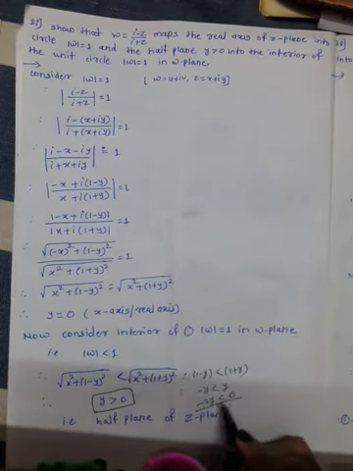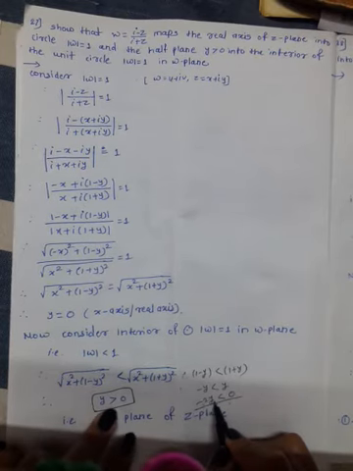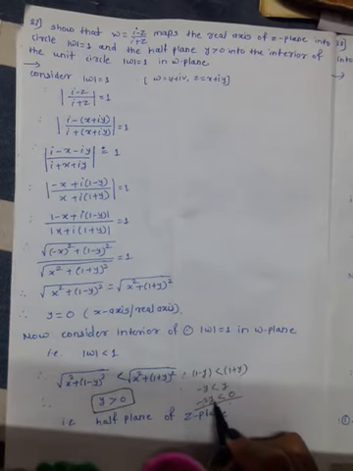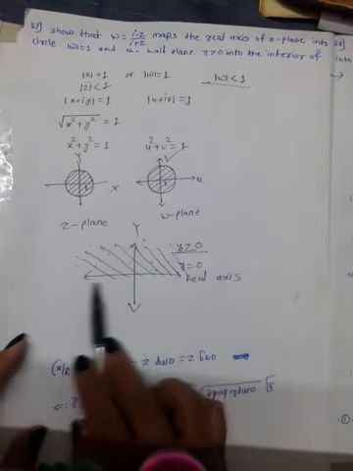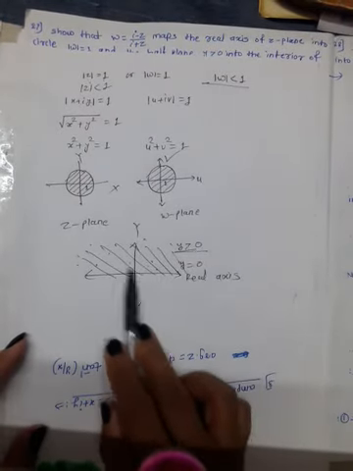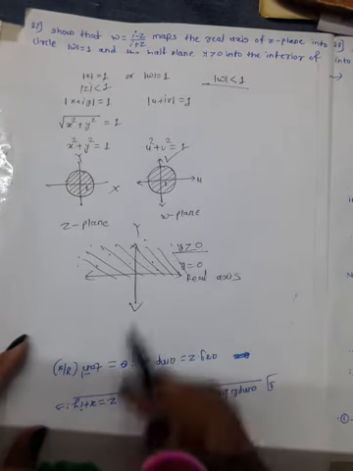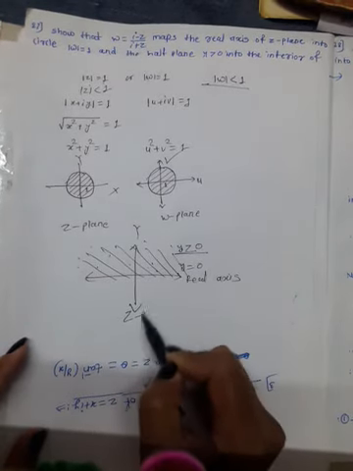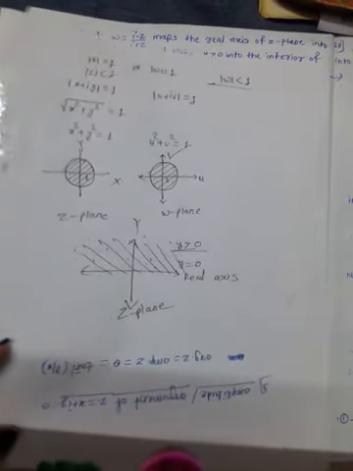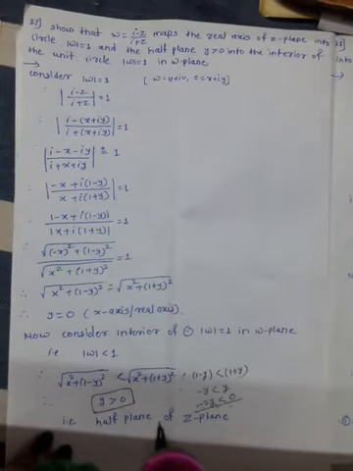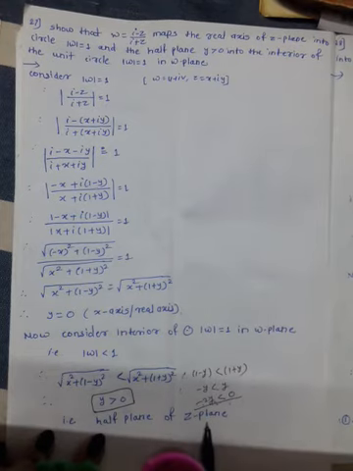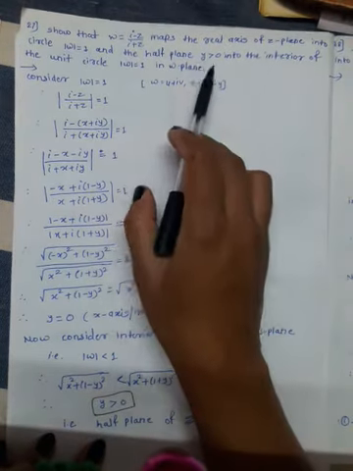So to make this product less than 0, y must be positive, that is y greater than 0. And y is equal to 0 is the real axis, and y greater than 0 is the upper half of this z plane. This is the upper half plane of the z plane, which proves the second part.